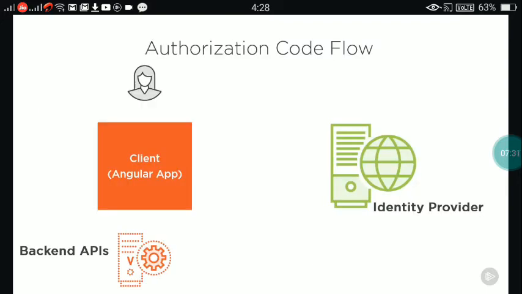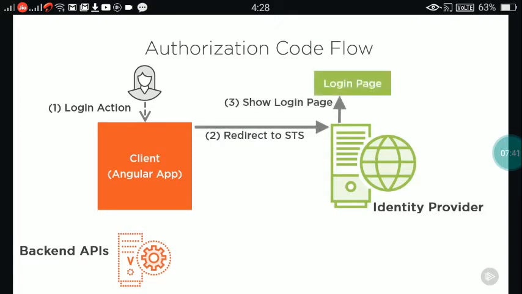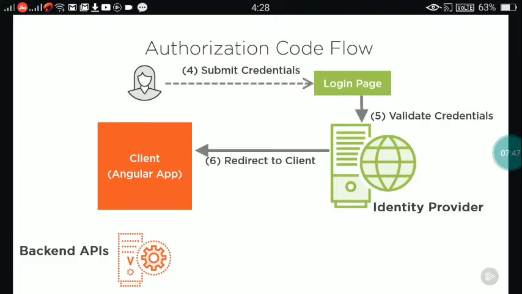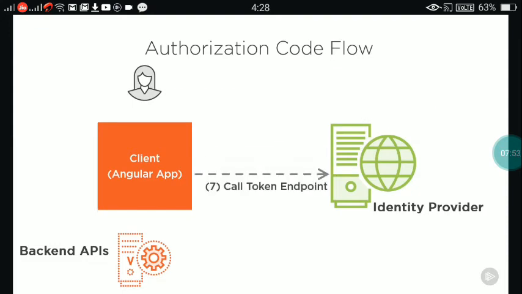The first flow of OpenID Connect, and the one we'll be using throughout the course, is the authorization code flow. This flow involves redirecting the user to a login page at the STS, and then redirecting back to the client with an authorization code after successfully validating the user credentials. Then the client app makes a request to the token endpoint at the STS, passing the authorization code and obtaining the ID and access token in the response.